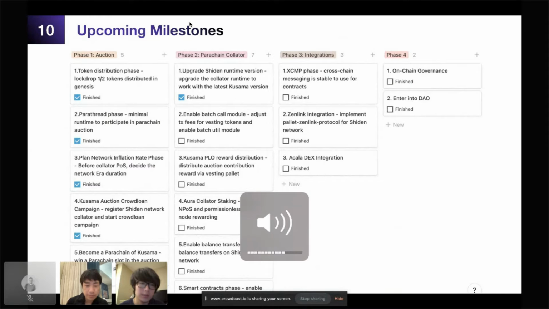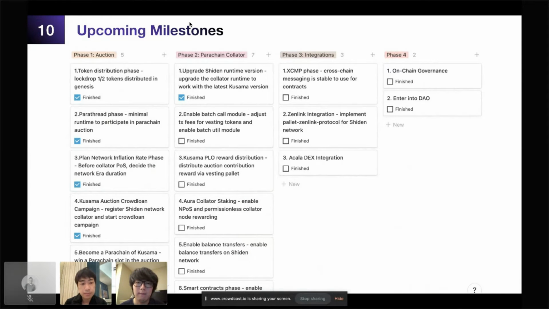As Sota mentioned, Shiden Network is a fork of Astar Network, and thanks to our magnificent community, we were able to receive a slot. Now I would like to talk about the upcoming milestones that we have for Shiden Network. Before we go on to our next steps, let's first quickly review our previous steps.